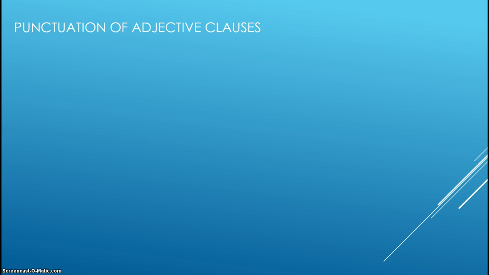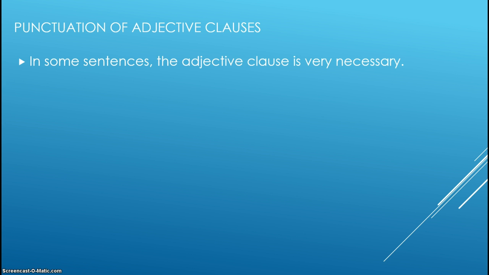This is the punctuation of adjective clauses, and to introduce the idea of restrictive and non-restrictive clauses, which we talked about in class a little bit, as you might have caught. But let's review it again here as well. In some sentences, the adjective clause is very necessary, and in almost all of the sentences with adjective clauses we've talked about so far, the adjective clause gave very crucial information that described the noun.